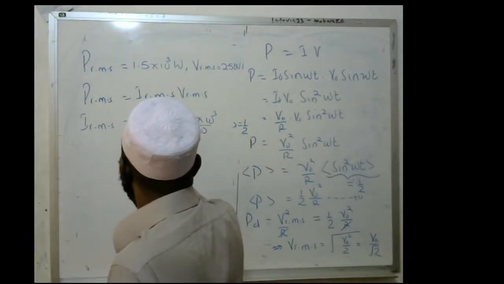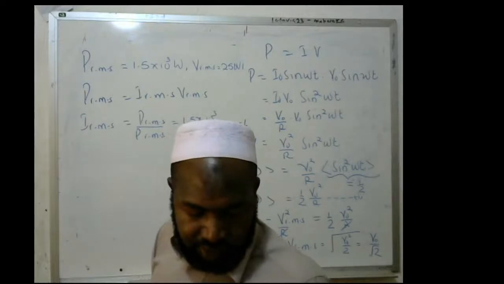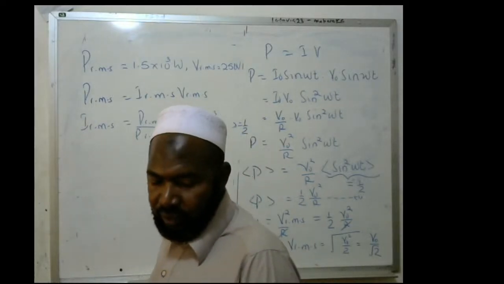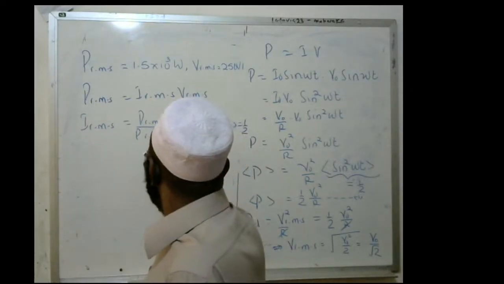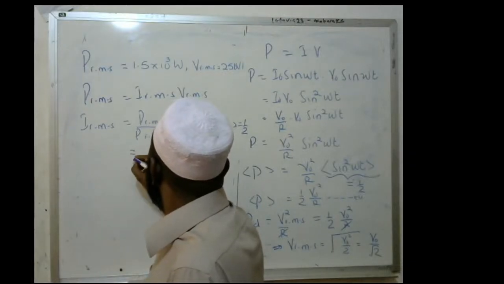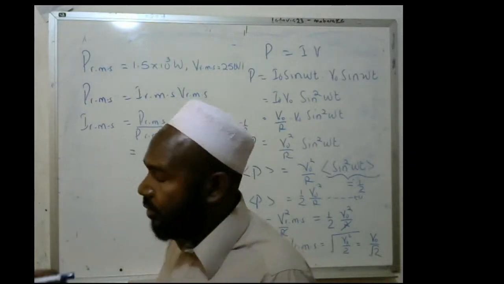And therefore, the value for IRMS is 6 amperes.